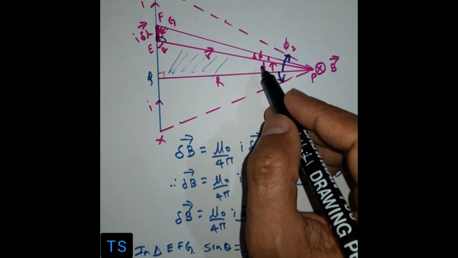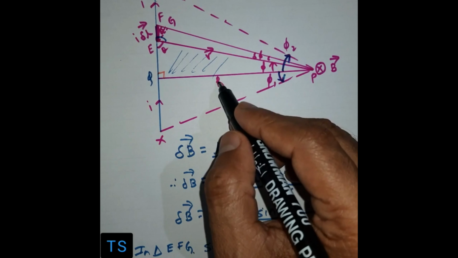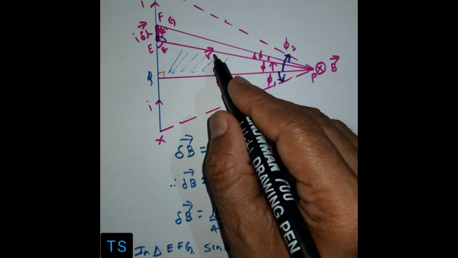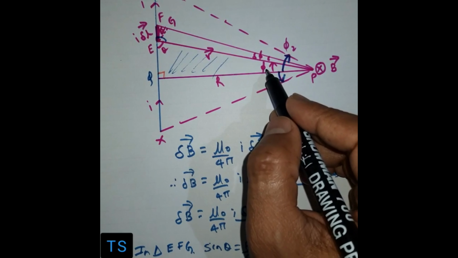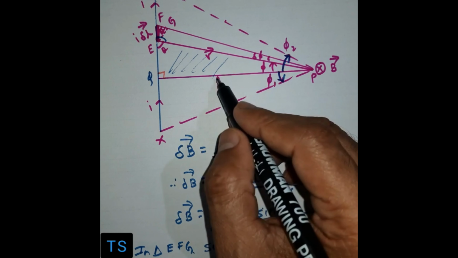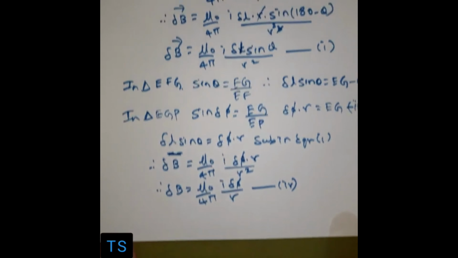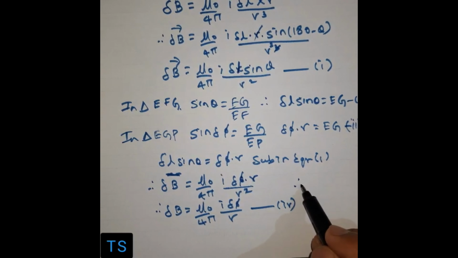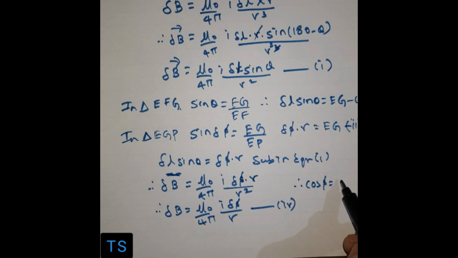Cos is adjacent upon hypotenuse, so I get cos phi equals capital R upon small r. Substitute this value of r over here.